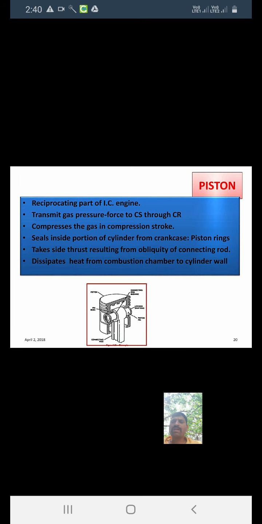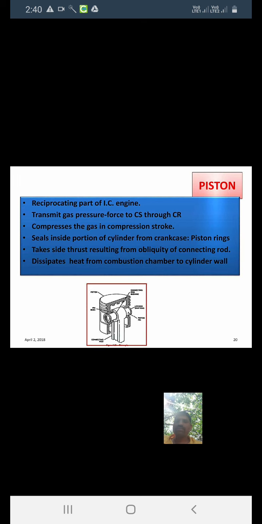The aluminum alloy is 3 times lighter than the cast iron. Okay, cast iron is a very heavy material. As compared to the cast iron, this aluminum alloy is 3 times lighter. The casting of aluminum alloy piston has good wear property.